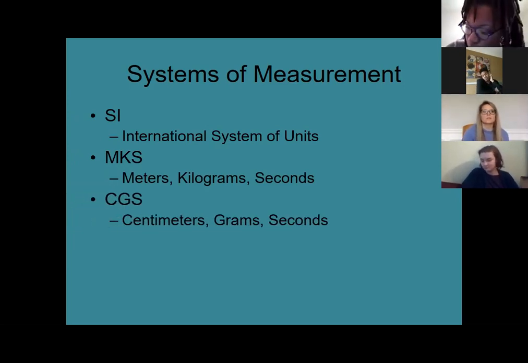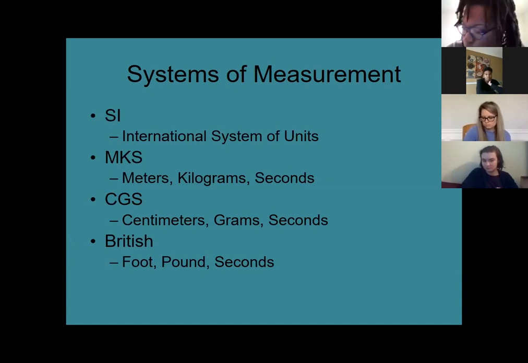Then we have CGS, which is centimeters, grams, and seconds. And those are the base units for that system of measurement. And last, we have the British system. In the British system, the foot, the pound, and seconds are the base units.